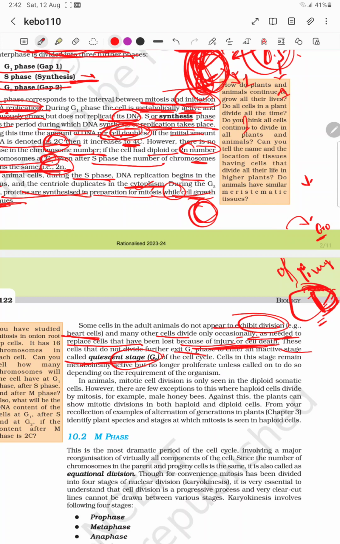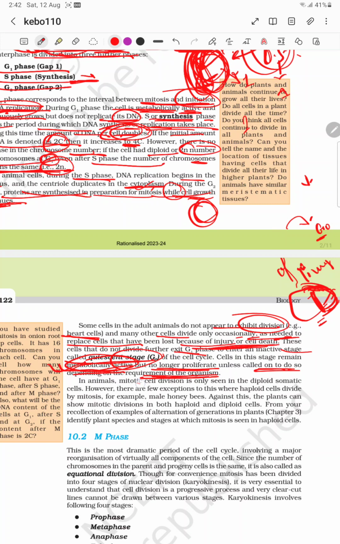Now cells in this stage remain metabolically active. This is an important line. Cell here is metabolically active but no longer proliferates, which means no longer divides, unless called on to do so depending on the requirement of the organism. So it can also divide, but it depends on the requirement.